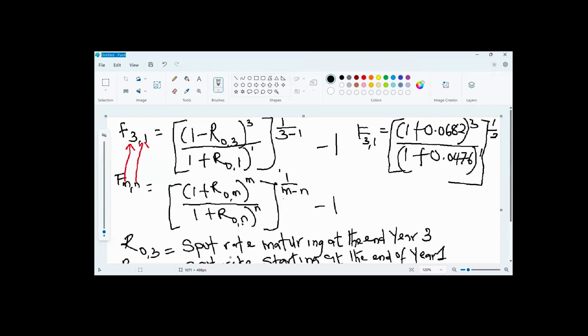Please give me 1 plus 0.0682 raised to power 2, raised to power 3, divided by 1 plus 0.0476 raised to power 1. Everything minus 1.